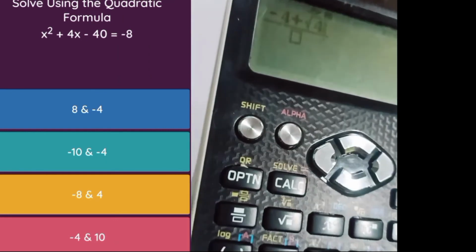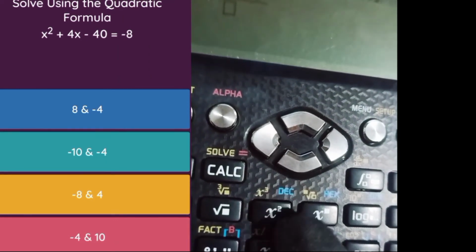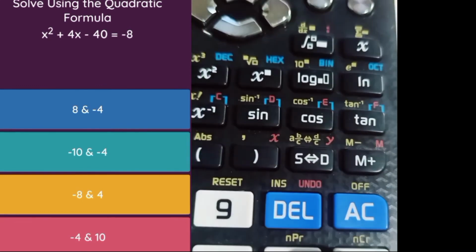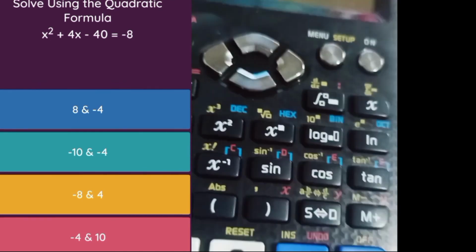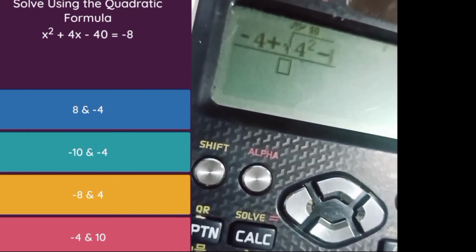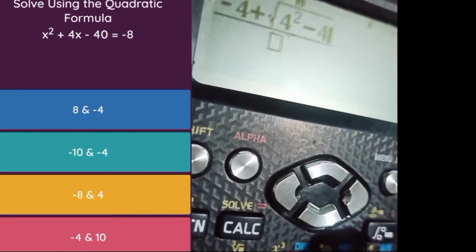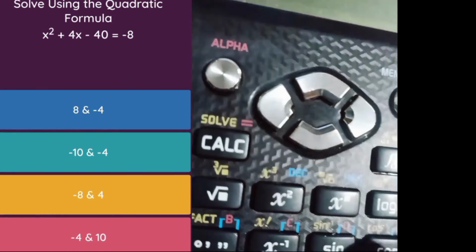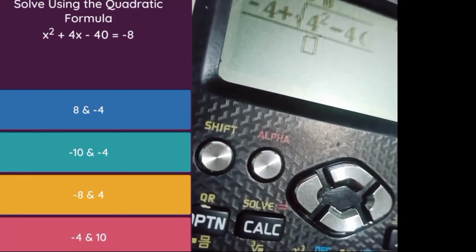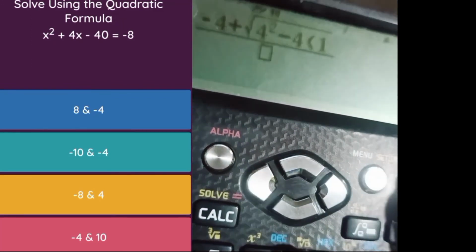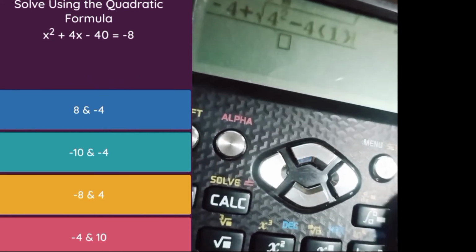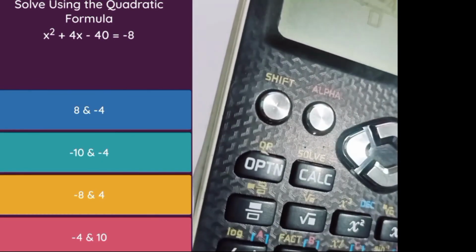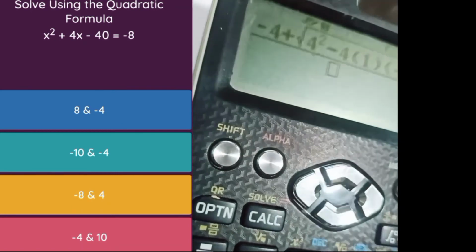Square it there. And then we have the minus sign. Now it's already minus 4ac, so that will be 4 times a. What's the value of our a again? We have 1.